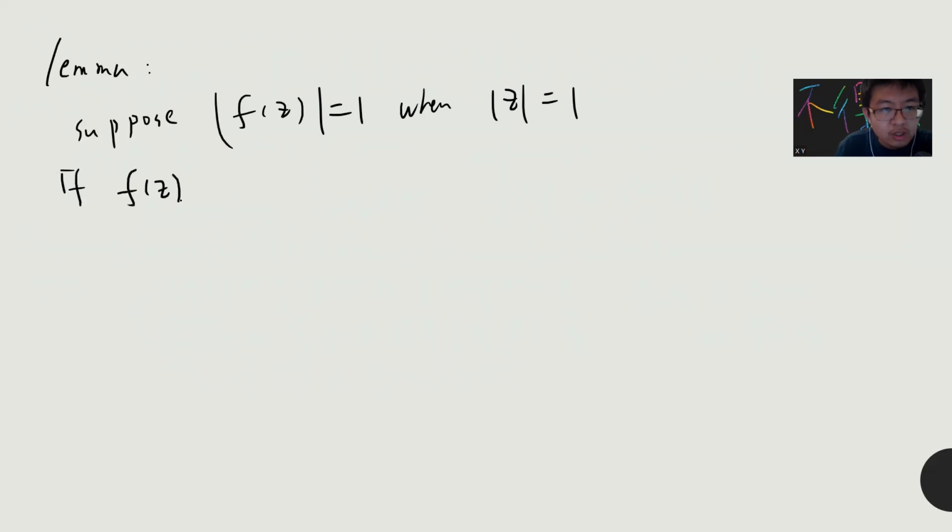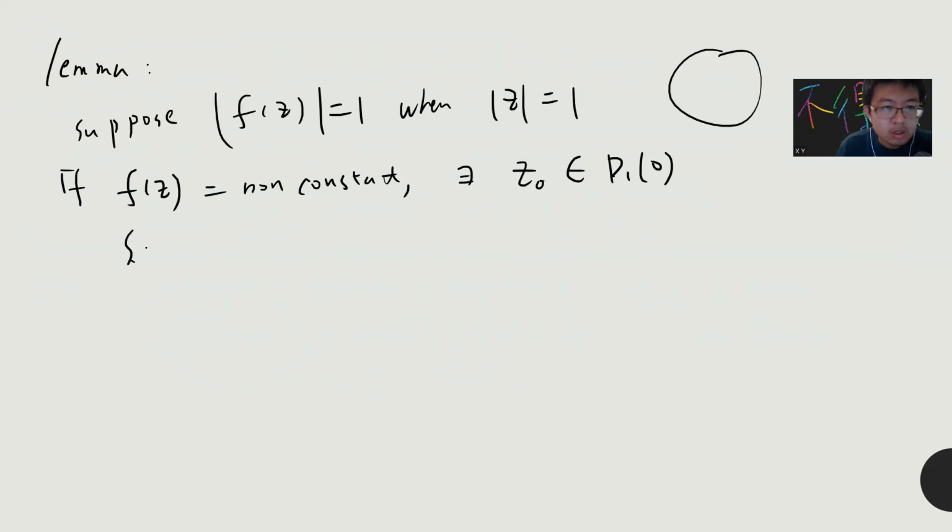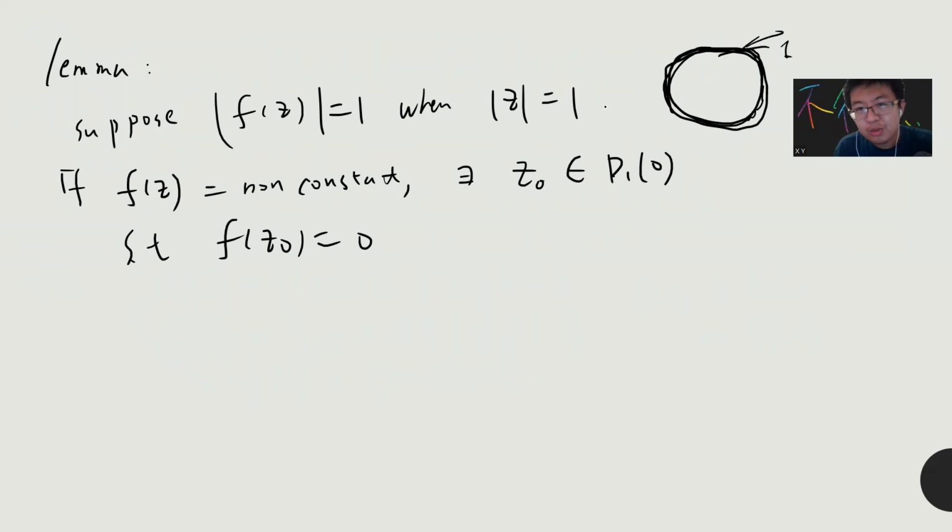If f of z is non-constant, then there's a z0 in the unit disk such that f of z0 is 0. This is weird, right? It tells you that if you have a function with modulus 1 on the boundary of the unit disk, and it's non-constant, then you can always find a root inside the disk.